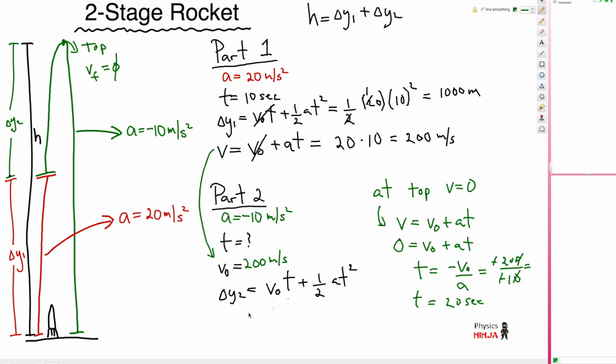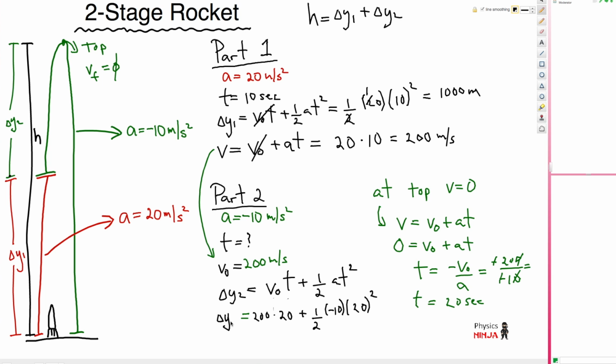Okay, so the y2 displacement equals our initial velocity, which was 200, multiplied times the time, which is 20 seconds, plus 1/2 the acceleration, which is minus 10, and our time was 20 seconds. And you can't forget to square that term.